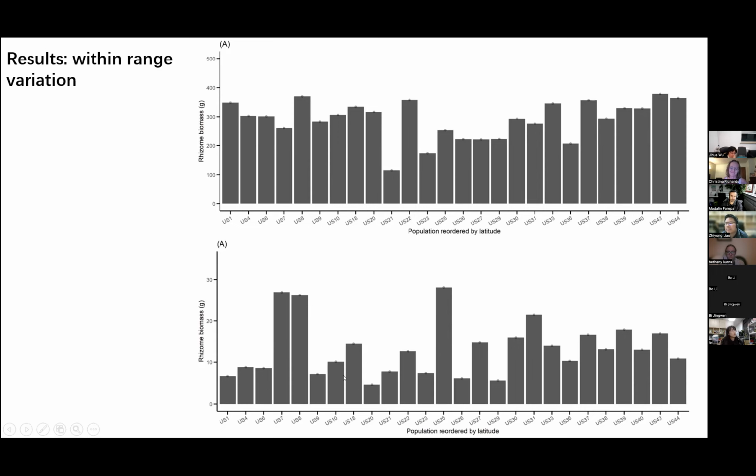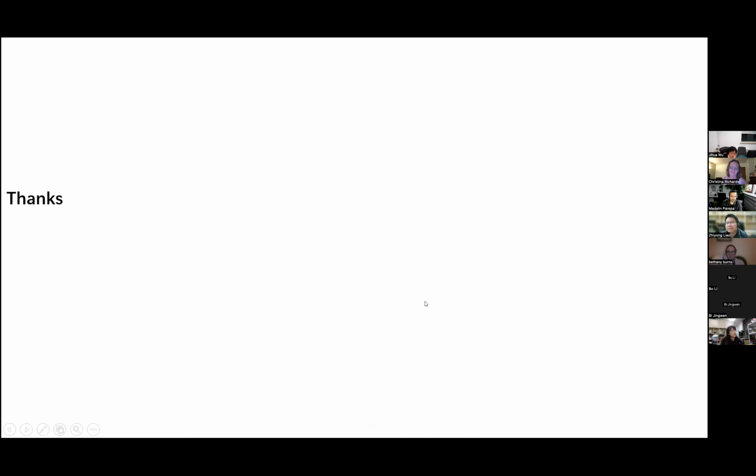I think that's the very preliminary results. In the future I will also try to correlate the results with other data, such as climate and herbivore damage. Actually, the herbivore damage was also quite different from the other two gardens. That's it.